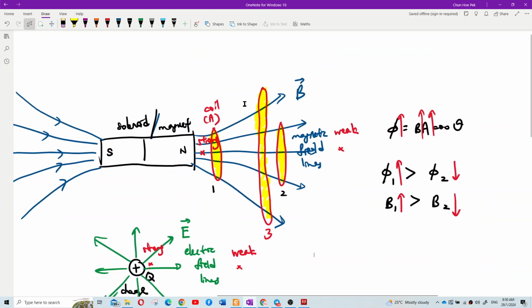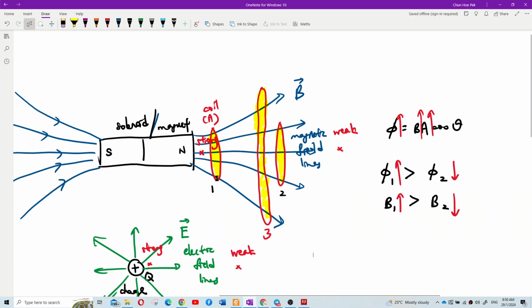Last time I used only one turn, so the area is considered only one area. Now if I use multiple areas: one turn, one area; two turns, two areas; three turns, three areas; four turns, four areas; five turns, five areas.